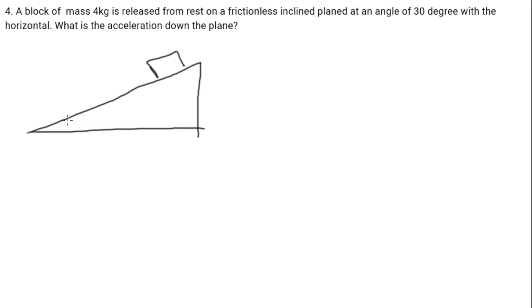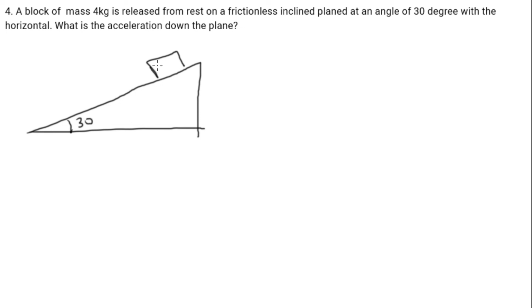A block of mass 4 kg is released from rest on a frictionless inclined plane at an angle of 30 degrees with the horizontal. Find the acceleration down the plane. Oh, it's as simple as what we have been doing. The mass is on the inclined plane at an angle of 30 degrees.